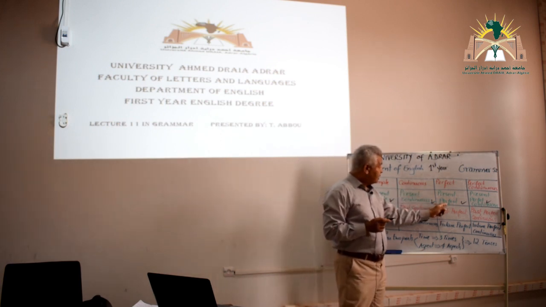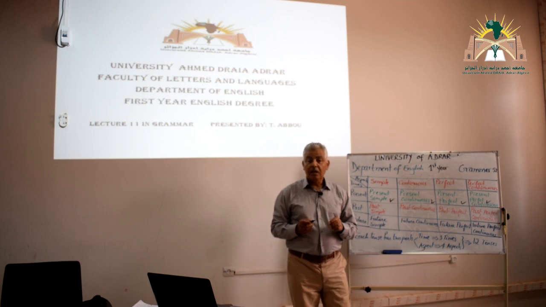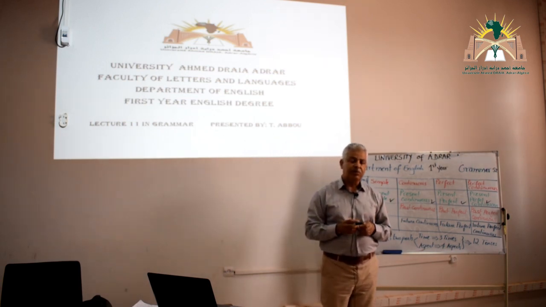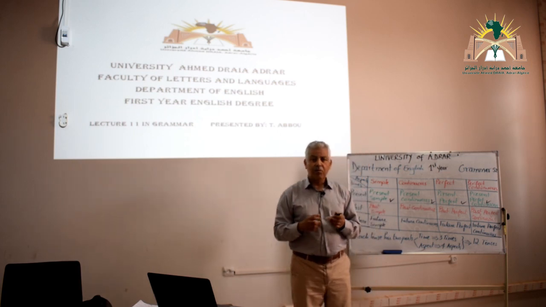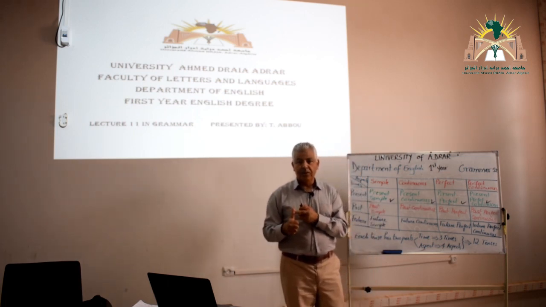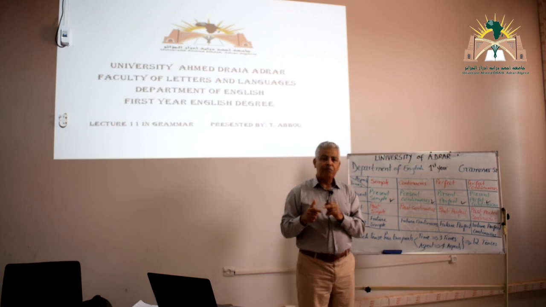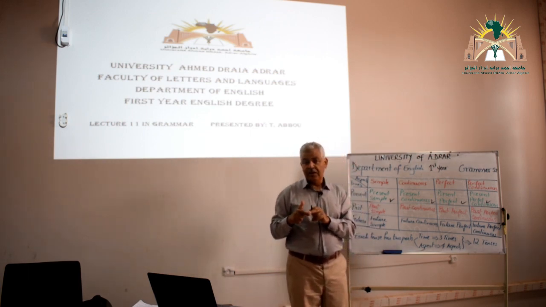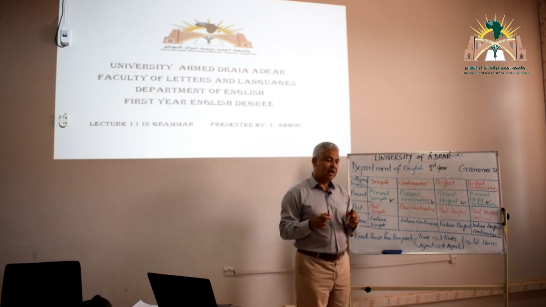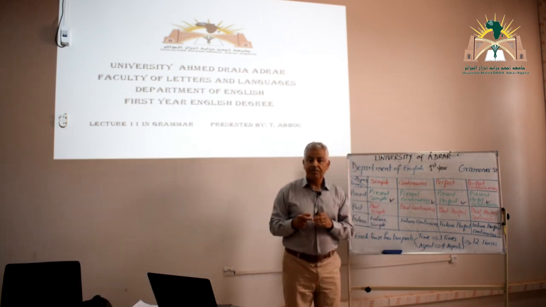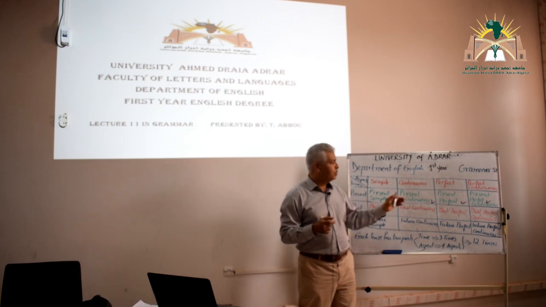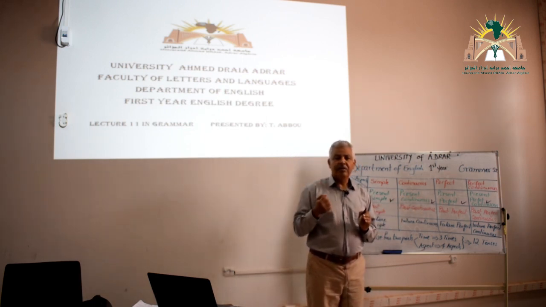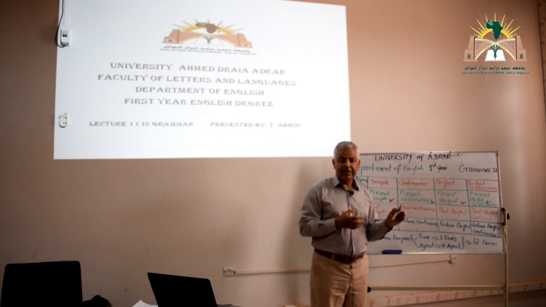The present perfect: we talked about this tense and the main cases where it is used. We talked about the recent past as the first case, when we have a result at present time of an action that happened in the past. We also talked about concluding results from present evidence.